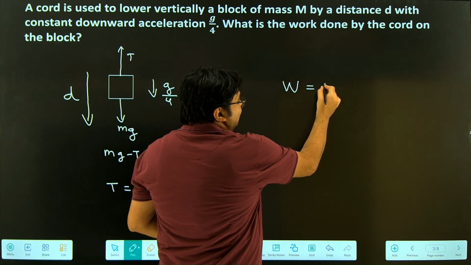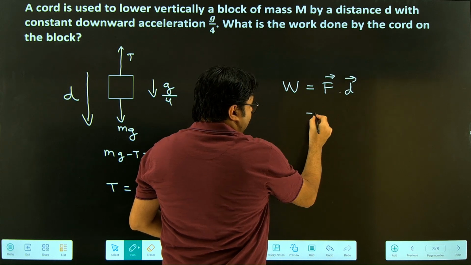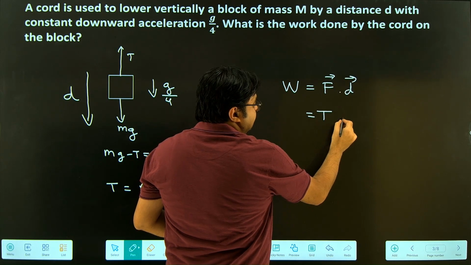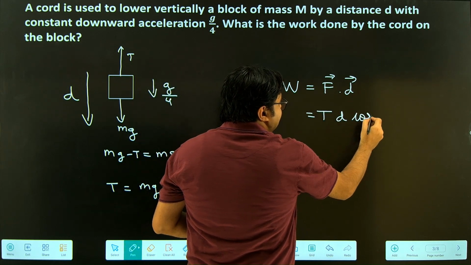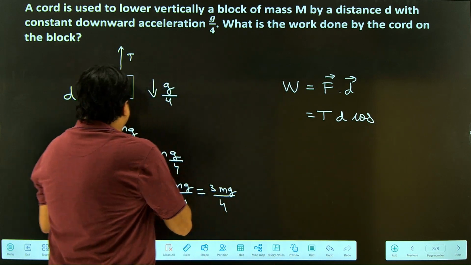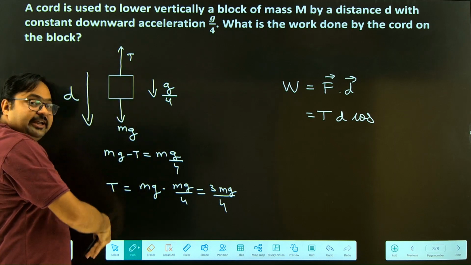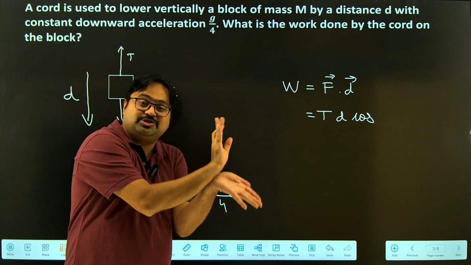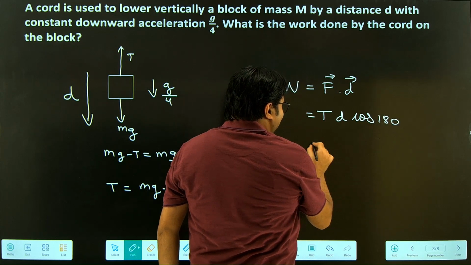The work done would simply be equal to force dotted with displacement. Now, force is tension, displacement is d, and the cos of the angle between them has to be written. Do you see that the force is tension, it acts in the upward direction, and the displacement is in the downward direction? The angle between them is 180 degrees. So cos 180 degrees is how you compute the work done.